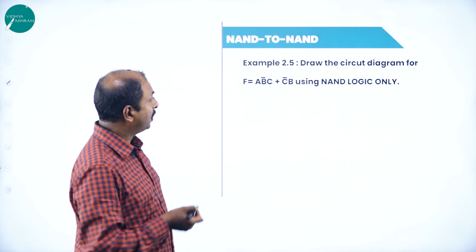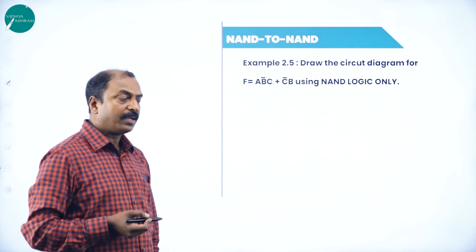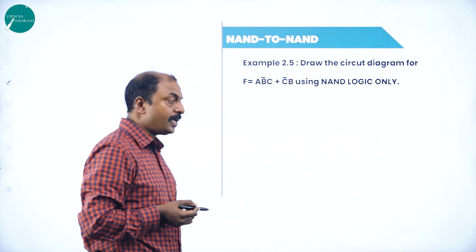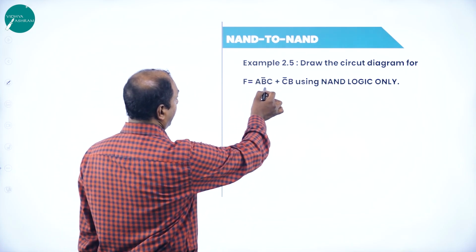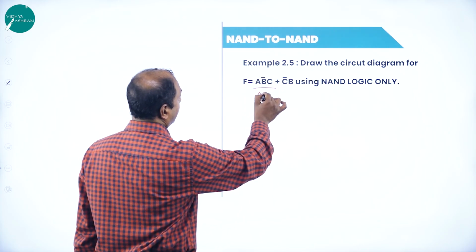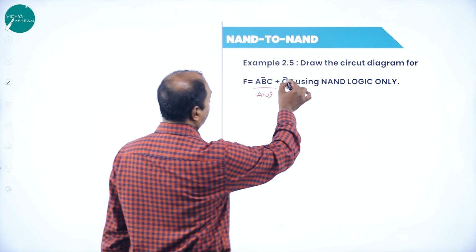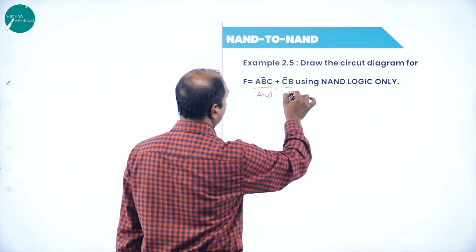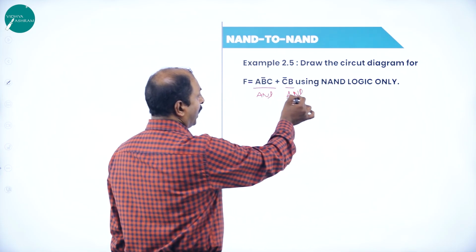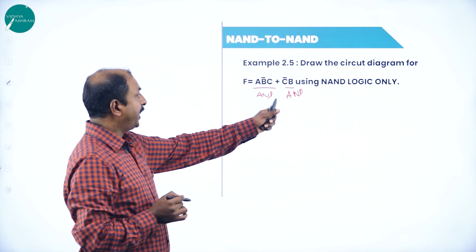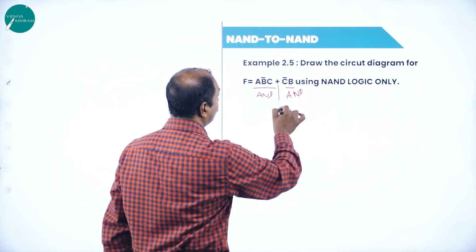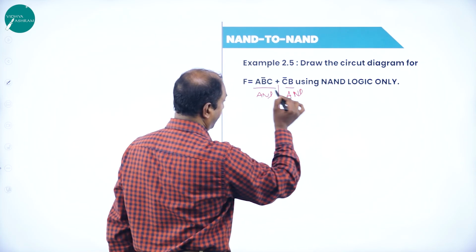Now let us draw the circuit diagram for the given equation. Here A, B naught, C, as I told you already, A and B naught and C. This is your AND gate, and this is one more AND gate, and the output of these two AND gates will be the input for this OR gate.